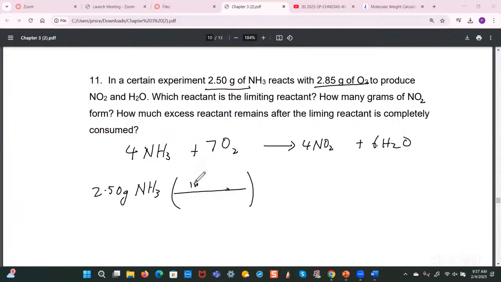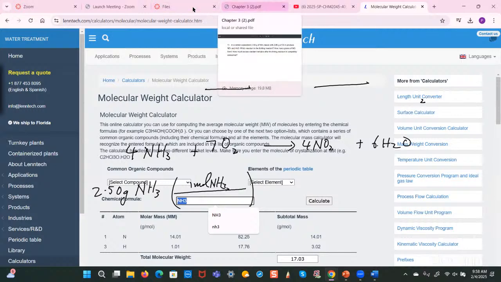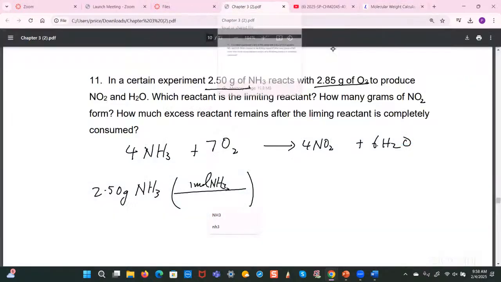So we're going to have 1 mole of NH3 above, and the molar mass of ammonia, NH3, is 17.03 grams, so 17.03 grams of ammonia, right?